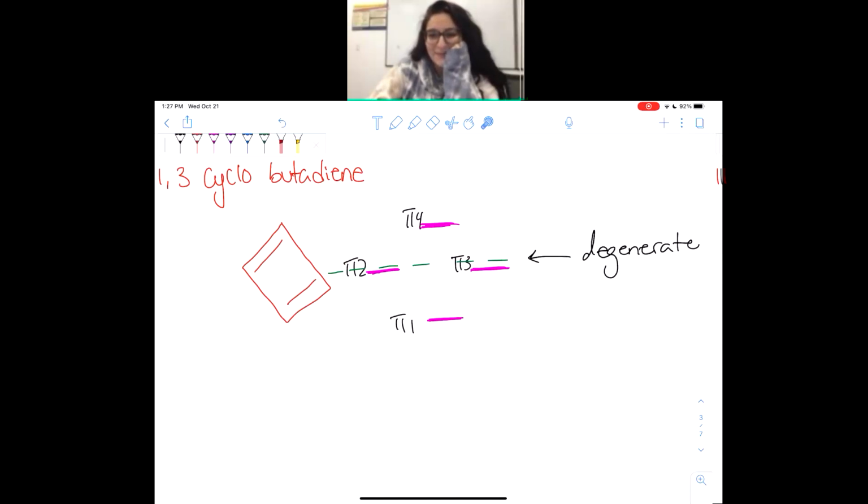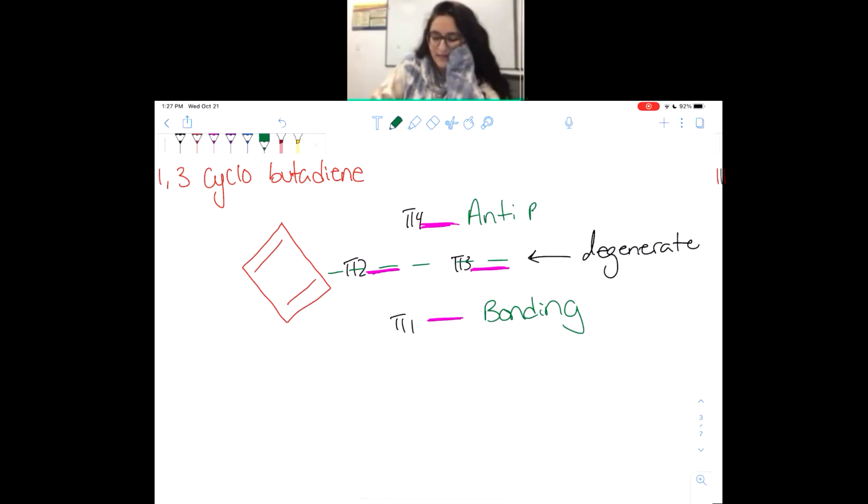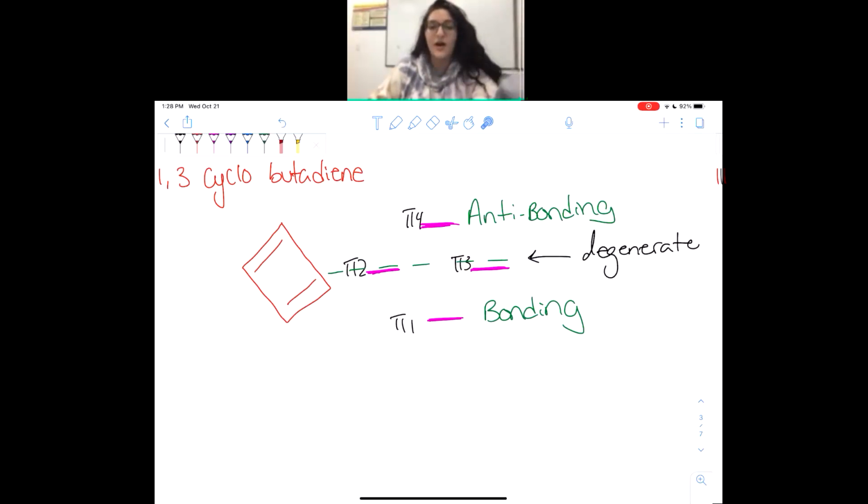Perfect. So, yes, for sure. One is going to be bonding. And since 4 is kind of like the opposite, it corresponds to it, 4 is going to be antibonding. And so that would mean we have non-bonding here, because now you still have an even number of orbitals, but you have an odd number of energy levels.